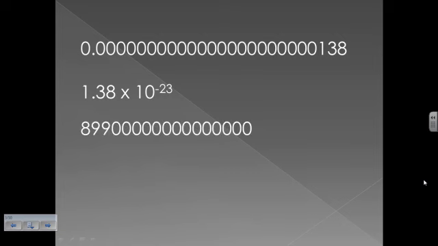This number also, which is the speed of light squared, is something that we'll use from time to time. We'll put it in scientific notation as well. Notice in the first one, because the zeros are all in front of the number, our exponent is negative. In the second one, because the zeros are after the number, our exponent is positive.